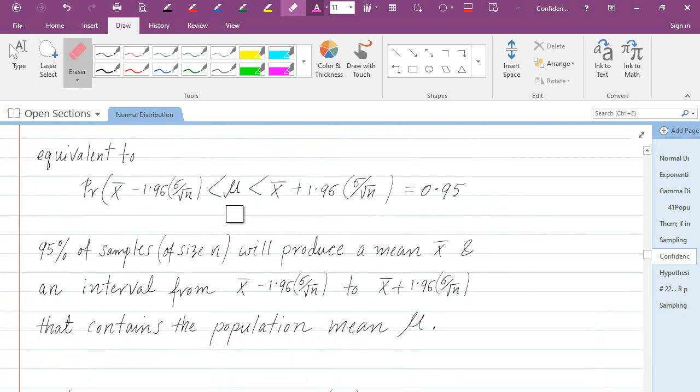What it means is that if we take samples repeatedly and compute the sample mean repeatedly, then 95% of samples of size n will produce a mean x bar and an interval from x bar minus the 95% margin of error to x bar plus the 95% margin of error that contains the population mean mu.